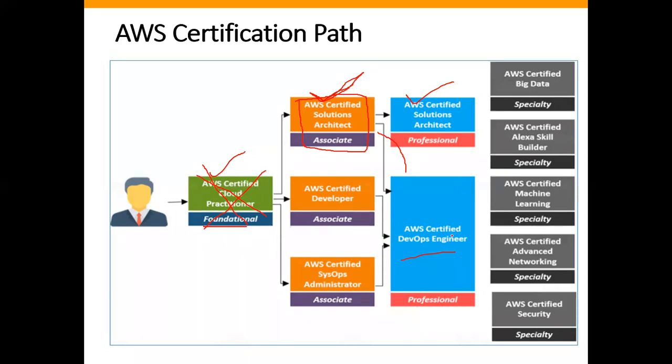You can go for DevOps or you can go for Professional. They are different. This is DevOps. In Professional, we learn more AWS services. Can we have both of them? Yes, you can.